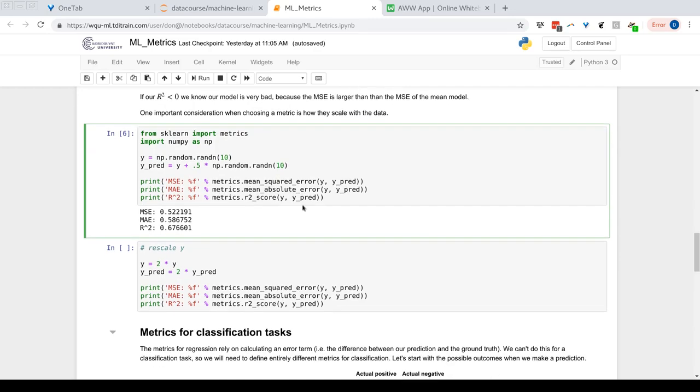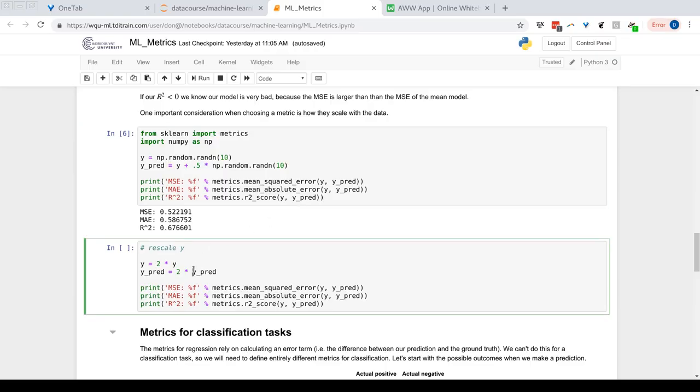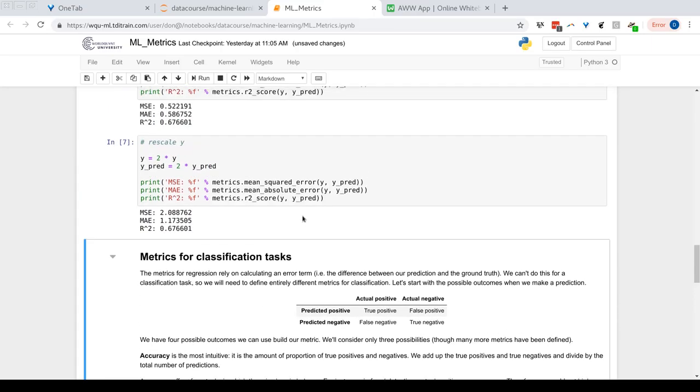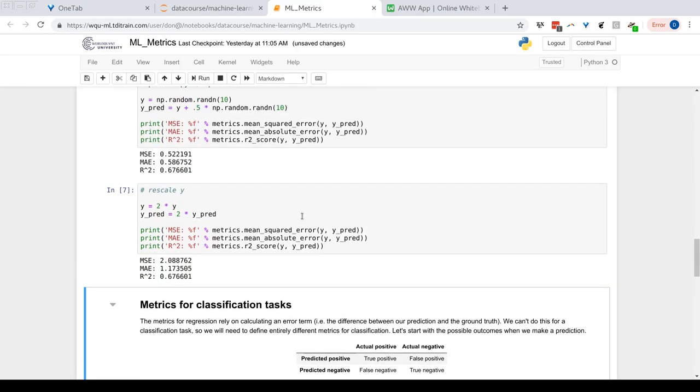One thing we'll notice is that a nice property of the R squared value is that it doesn't change depending on the scale of our labels. If we double the value of our labels, the other metrics like mean squared error and mean absolute error increase, but the R squared value stays the same. So it's invariant to the scale of our labels, which is also a nice property.